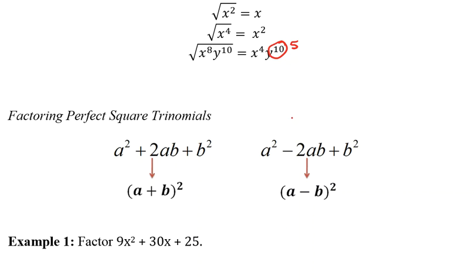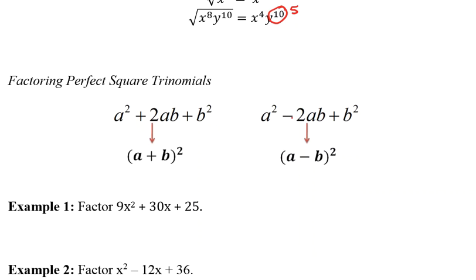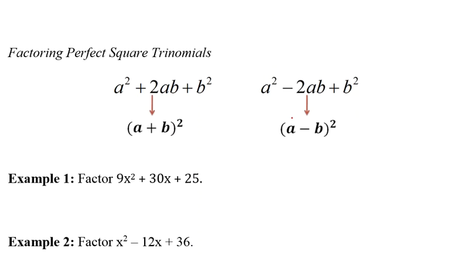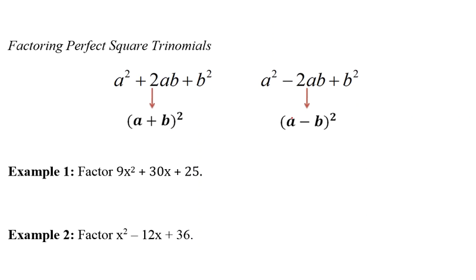So we're going to undo these. To help us recognize them, we're going to see if there are square roots. Looking at 9x squared, can I square root that? Square root of 9 is 3. Square root of x squared is x. So far so good. I'm going to come to the end and square root that. That's a 5. Now, remember the middle is 2 times the product of those.